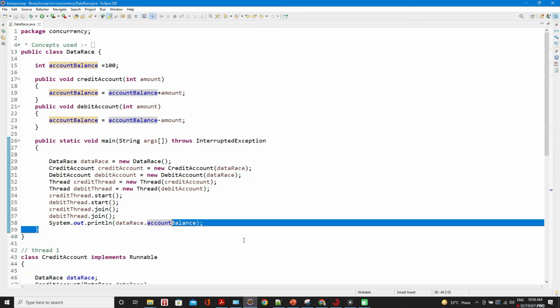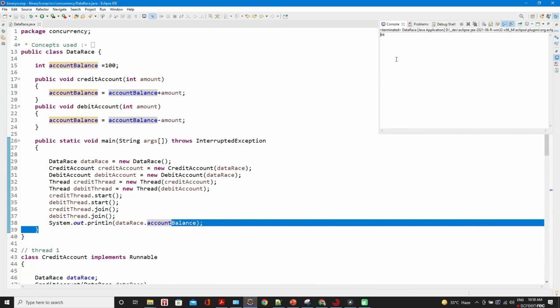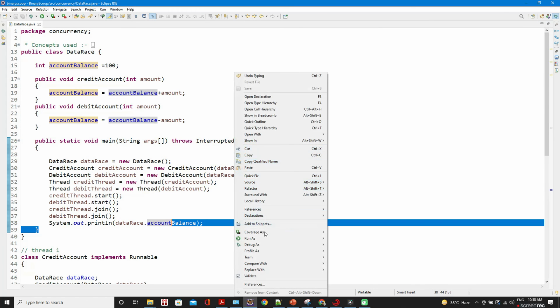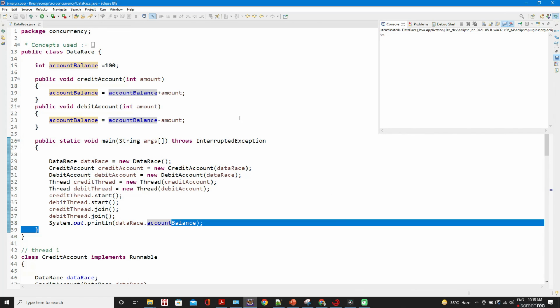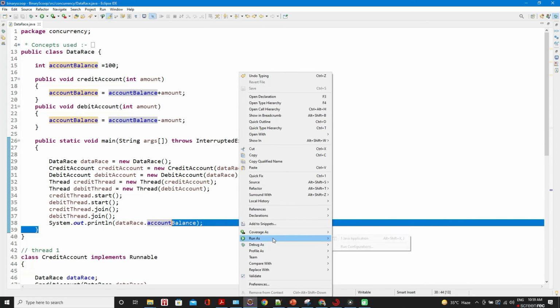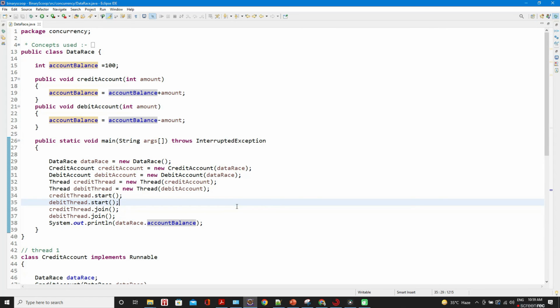And we saw in the previous slide that its value should be 100. Let us see whether it is true or not. It is printing 99. Let us try one more time. It is printing 95. So there is an inconsistency. So the value 100 is not printing.